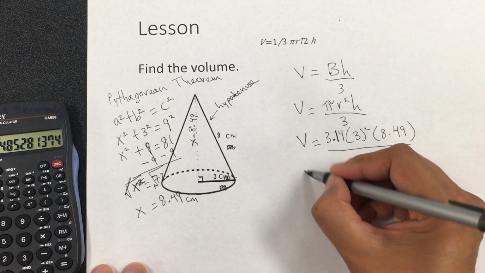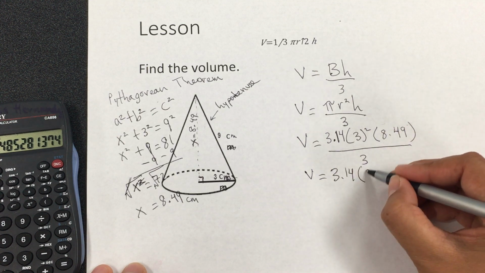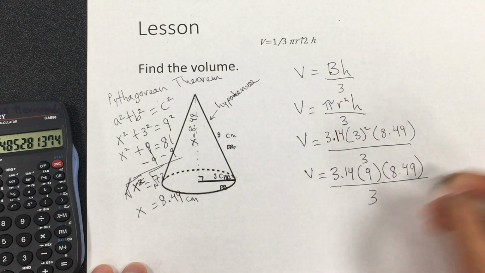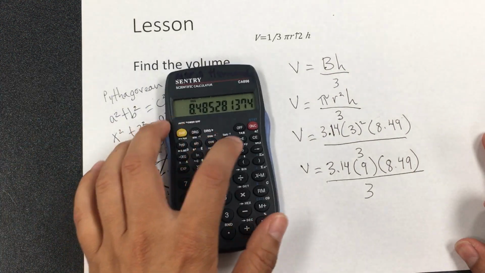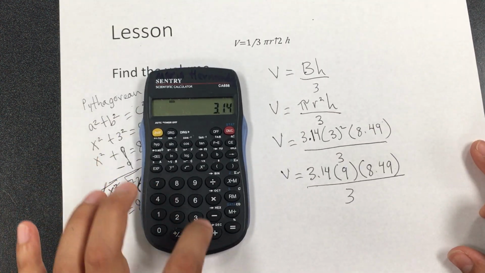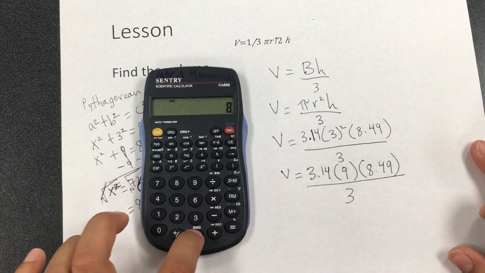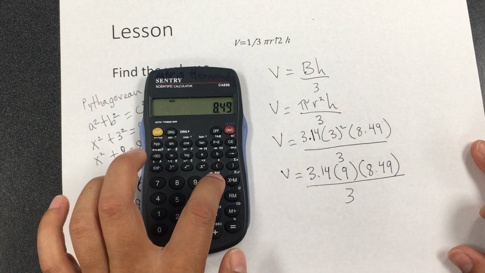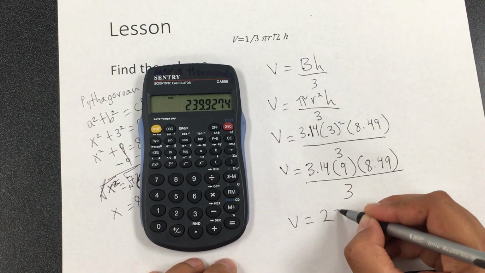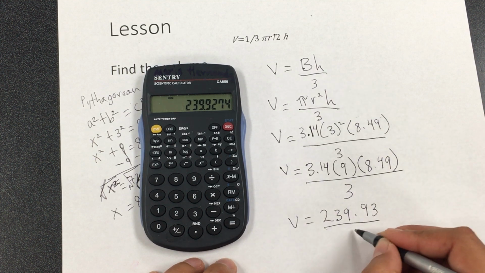We divide by 3. Then this is 3.14 times 3 squared, which is 9, times 8.49 divided by 3. And that's where our calculator comes in. So 3.14 times 9 times 8.49 divided by, if you want to put this answer, that's fine, 239 point, and we'll round to 93, divided by 3.